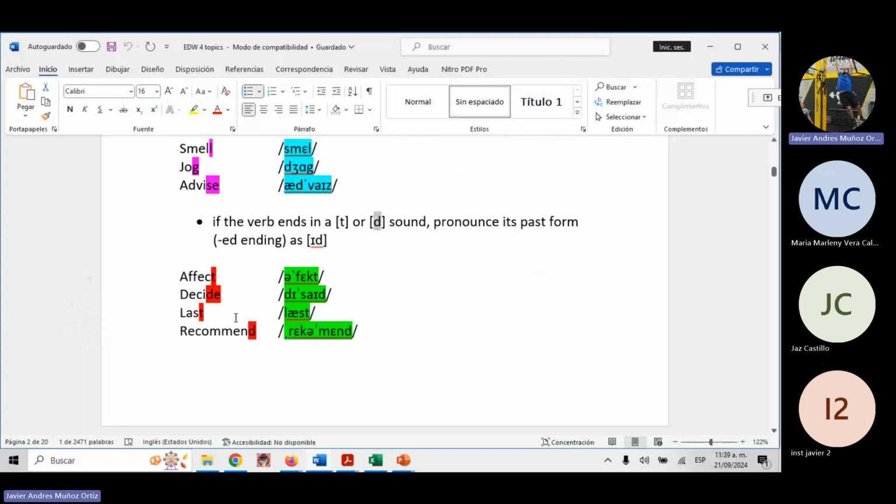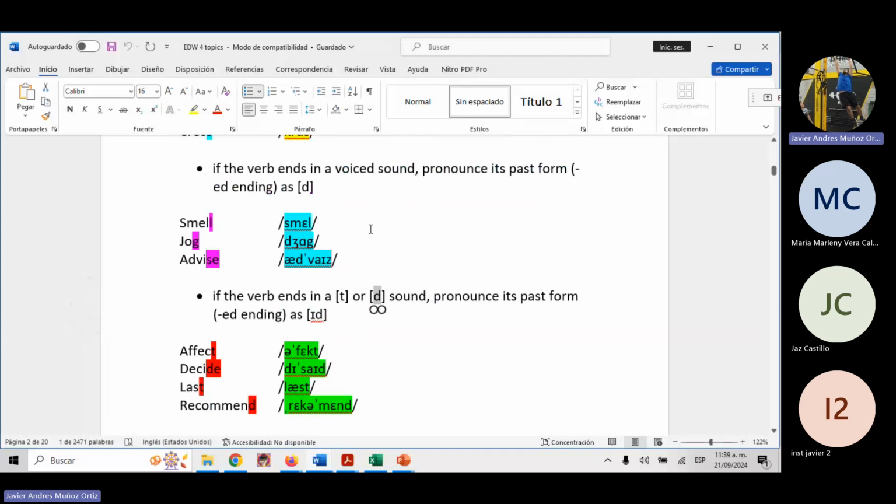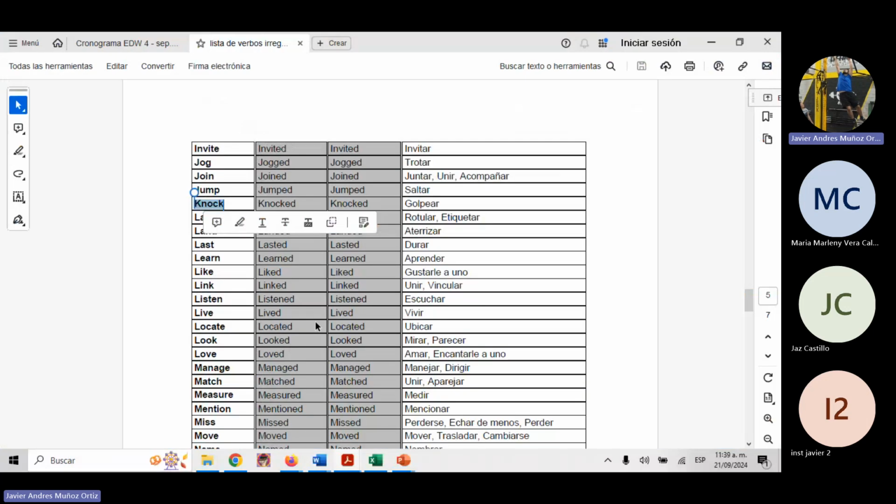So we cannot pronounce it that way, because this is a voiced sound, and according to the previous rule, we have to relate voiced sounds with voiced sounds. So therefore, the pronunciation should be decide-d, right? But it's difficult to pronounce that. Therefore, that's why we say decided, to make a clear reference that we are using the simple past form. Decided, recommended. So these are the three kinds of pronunciations we have here.